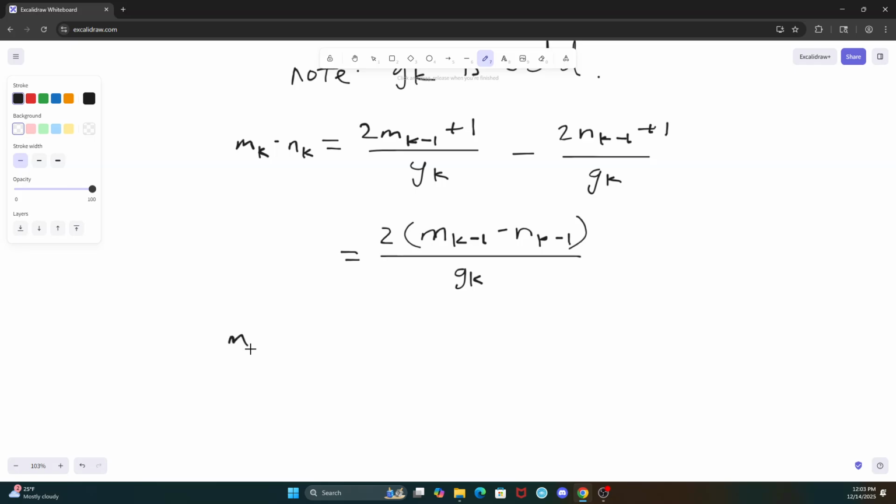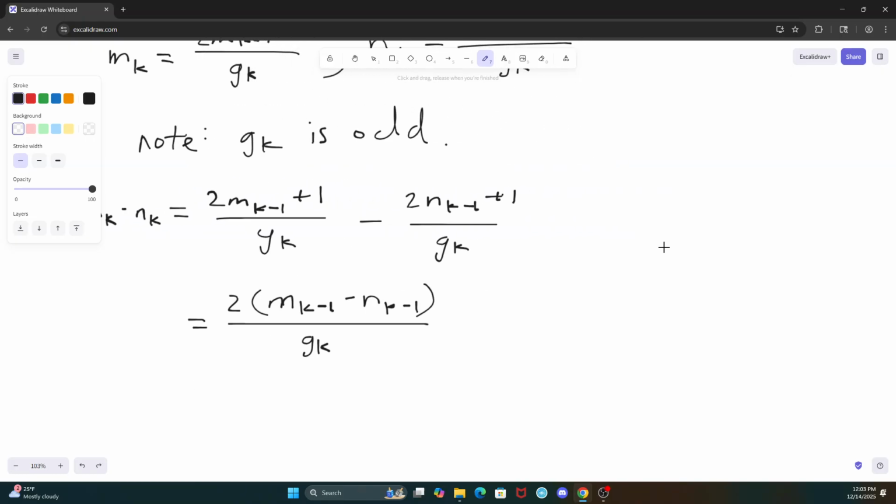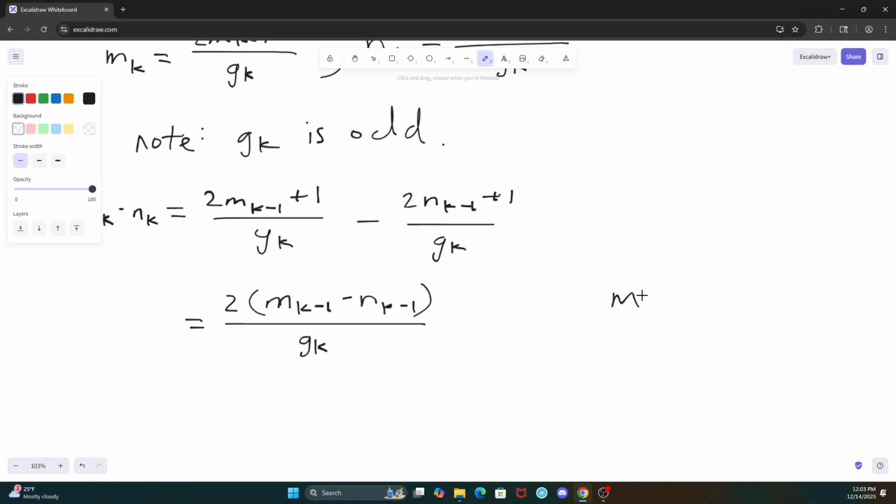So if we write m sub k, let's put it over here. Let m sub k minus n sub k be equal to 2 to some power times b sub k, where b sub k odd is the odd component of the difference.